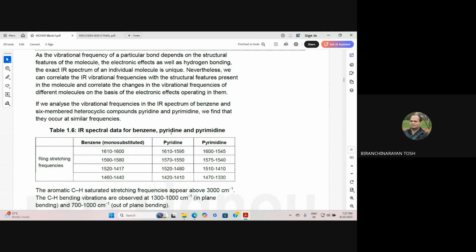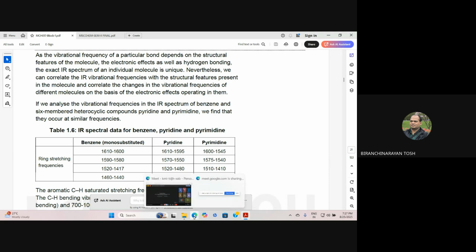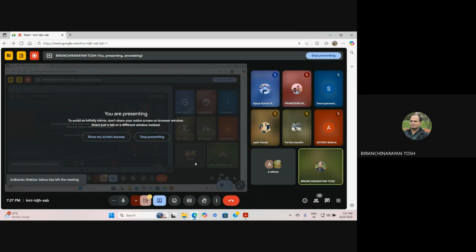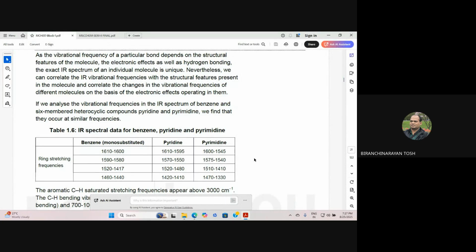In bending vibration, they bend through the plane. If the internuclear axis is in the plane, then they will bend either over the plane or below the plane. So stretching vibration and bending vibration will be there.